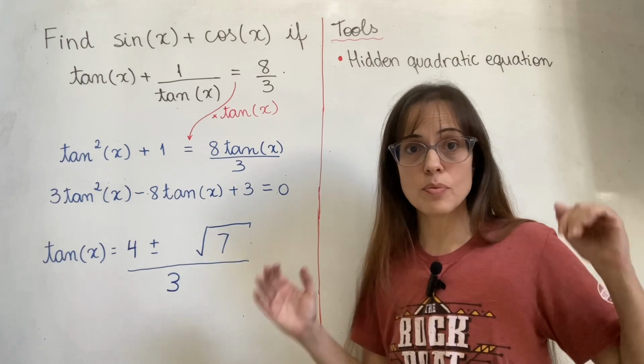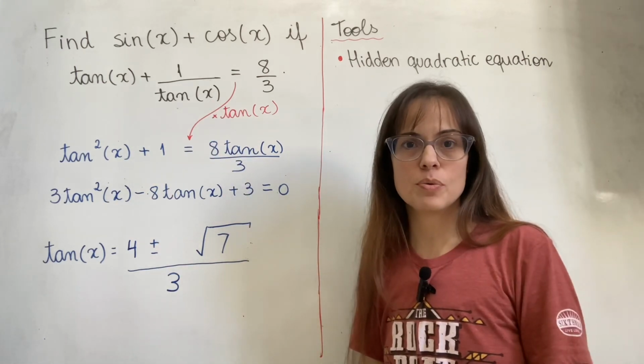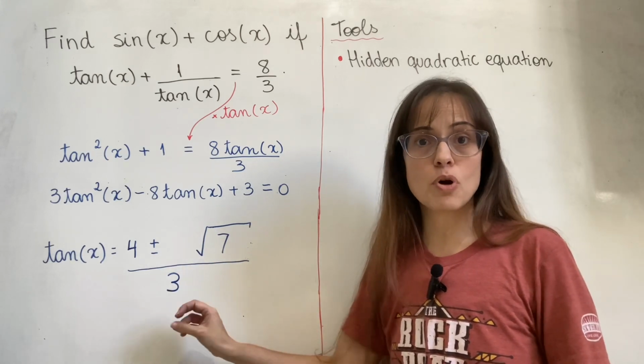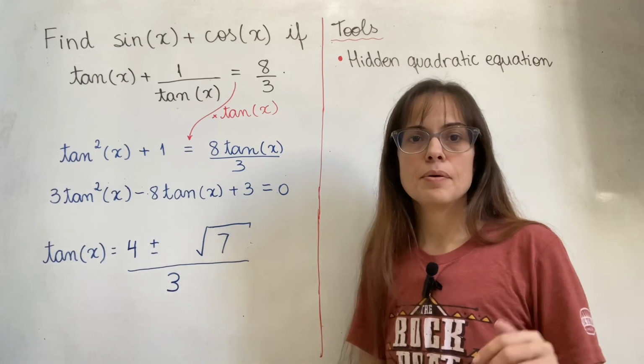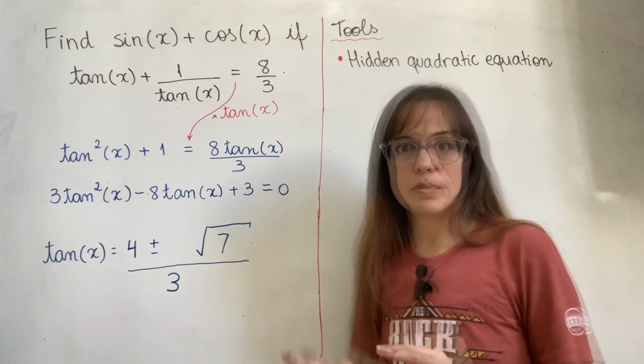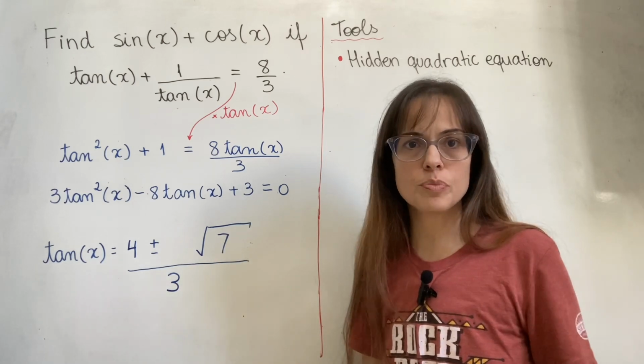Okay, so anyway, that was the first part of solving this problem when we used our first tool, and we found that these are the two possible values for tangent of x. But because of the observations in the beginning of the video, I know that I am allowed to choose just one to work with from now on, so I'm going to choose the one with the plus.